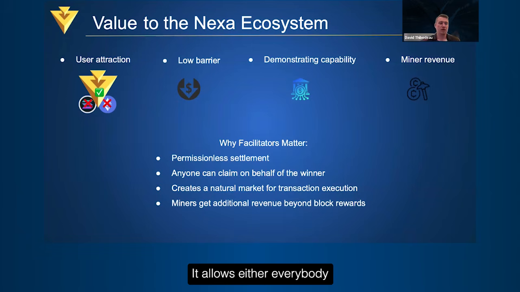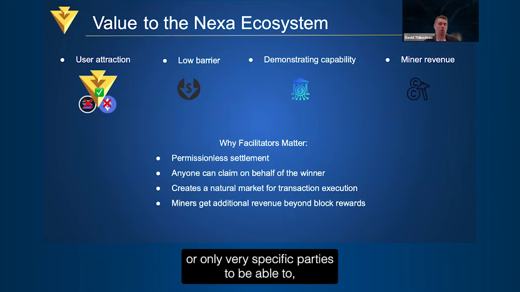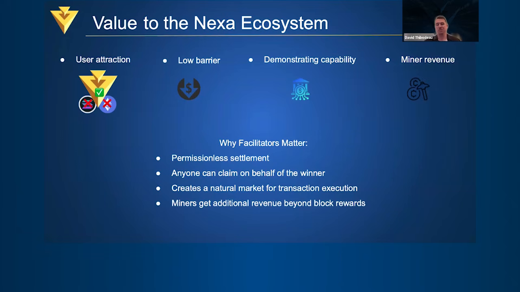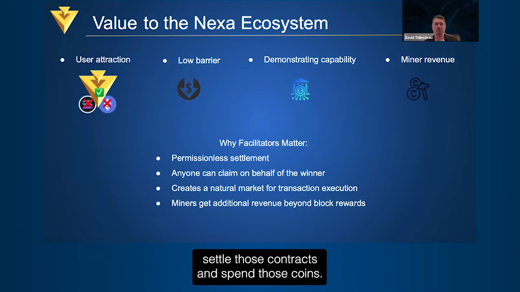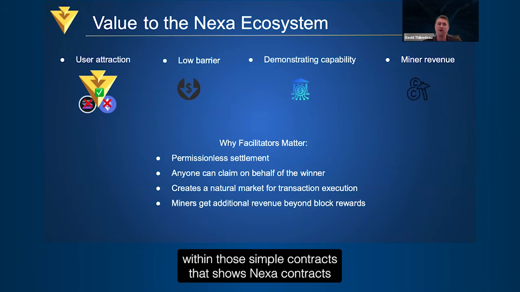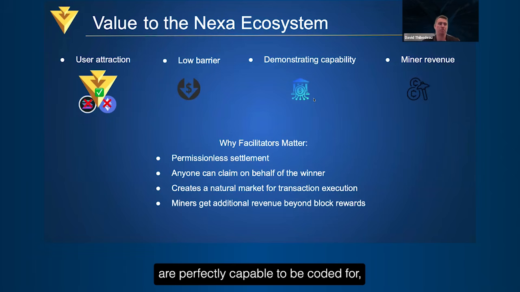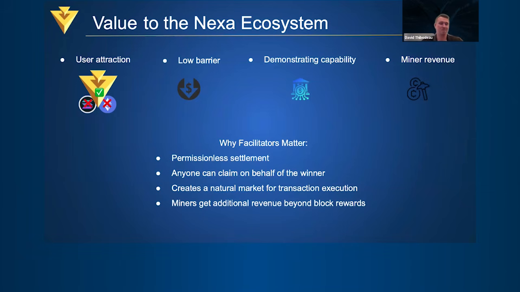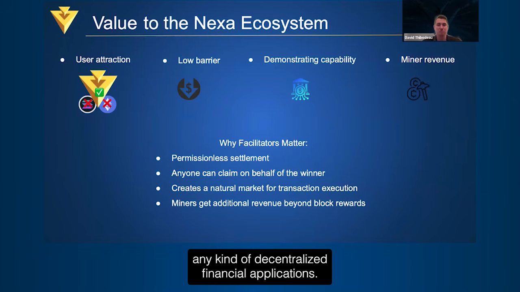It allows either everybody or only very specific parties to settle those contracts and spend those coins. So there's a lot of complex mechanisms within those simple contracts that shows Nexa contracts are perfectly capable to be coded for any kind of decentralized financial applications.